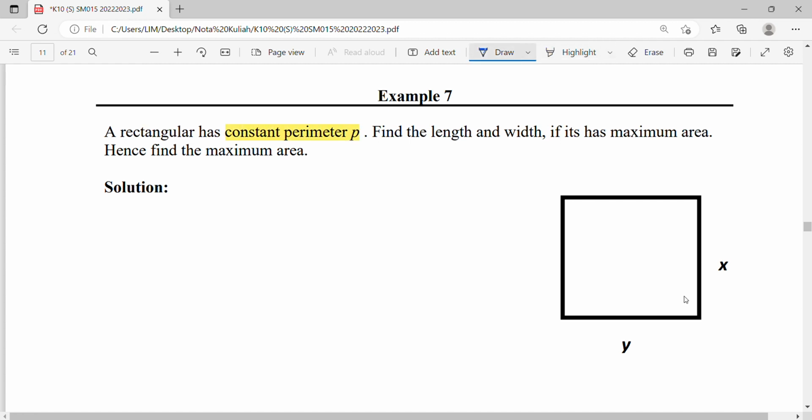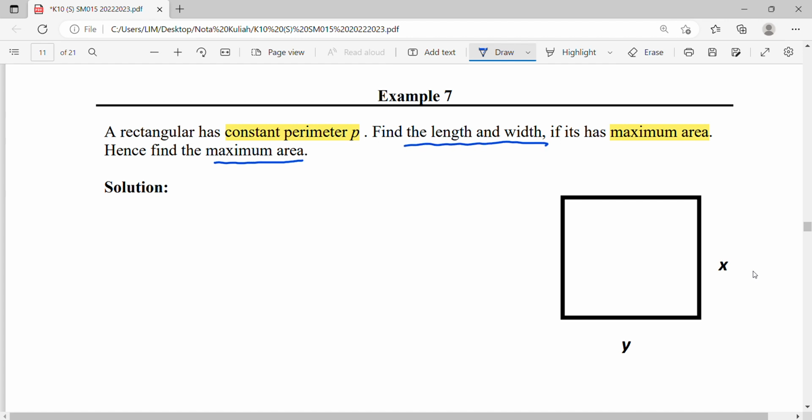What is changing, your variables, are the length and the width, which you adjust to obtain the maximum area. So find the maximum area.